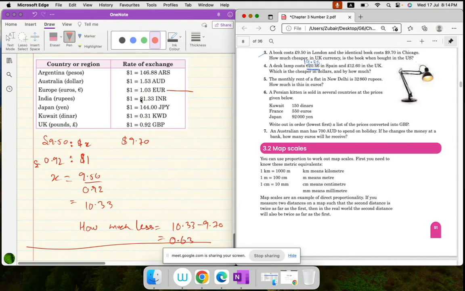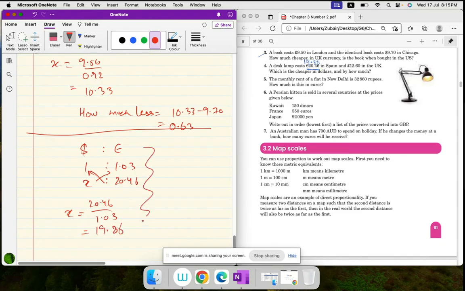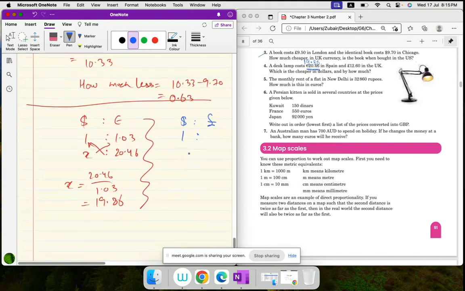See, the conversion rate is 1 euro equal to 1.03 dollars. So X dollars will be equal to 20.46 cross multiplied by 1.03, which is 19.86. On the other hand, we have dollars and pounds. $1 is 0.92 pounds.